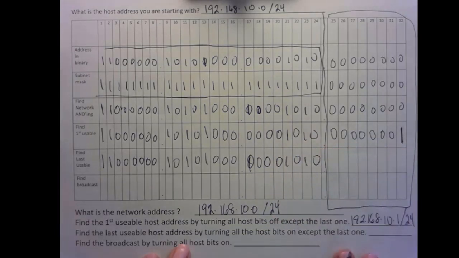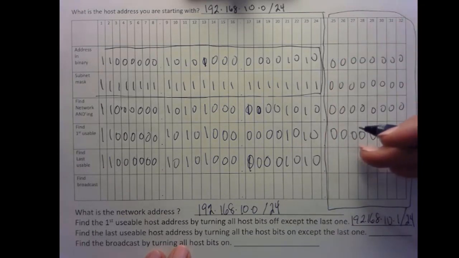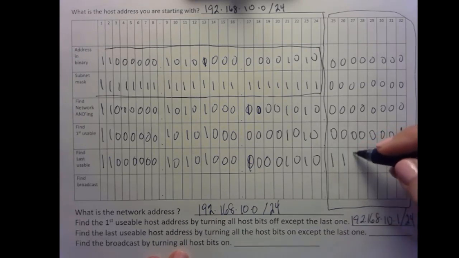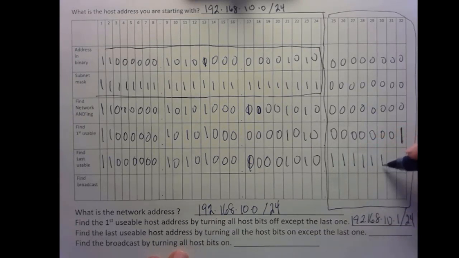Okay, now the definition of the last usable, because again, remember right now we're figuring out hosts, so I'm going to manipulate the hosts, is when I turn all of the host bits on except the last one. So I've turned all of the host bits on except the last one.